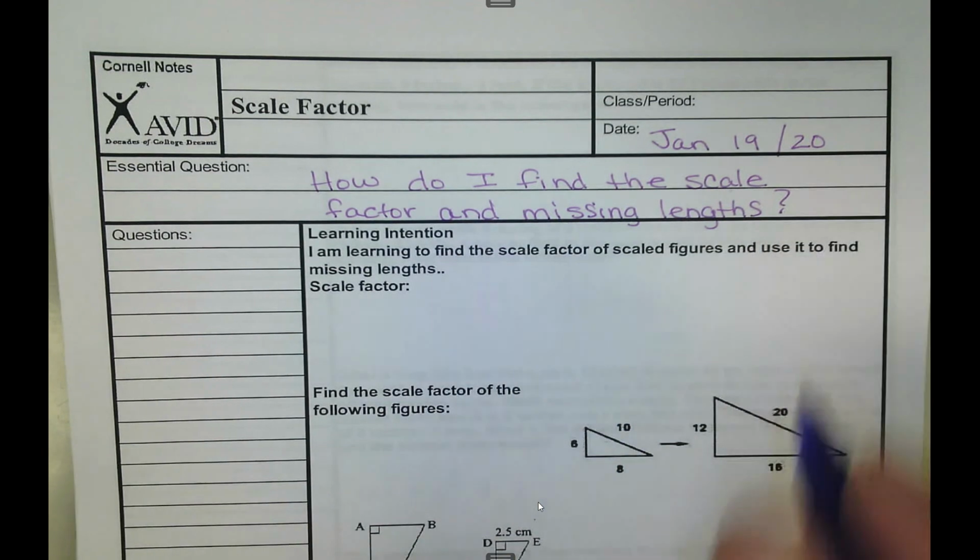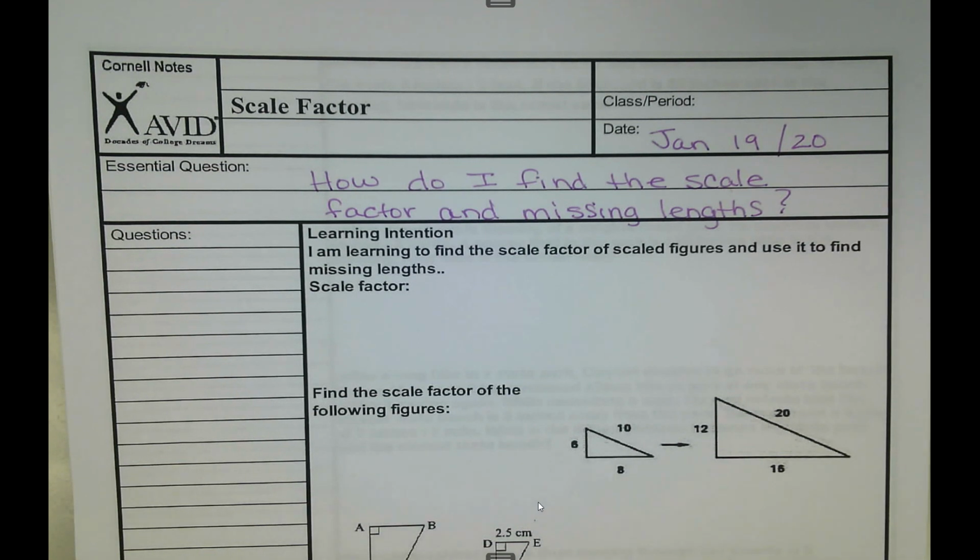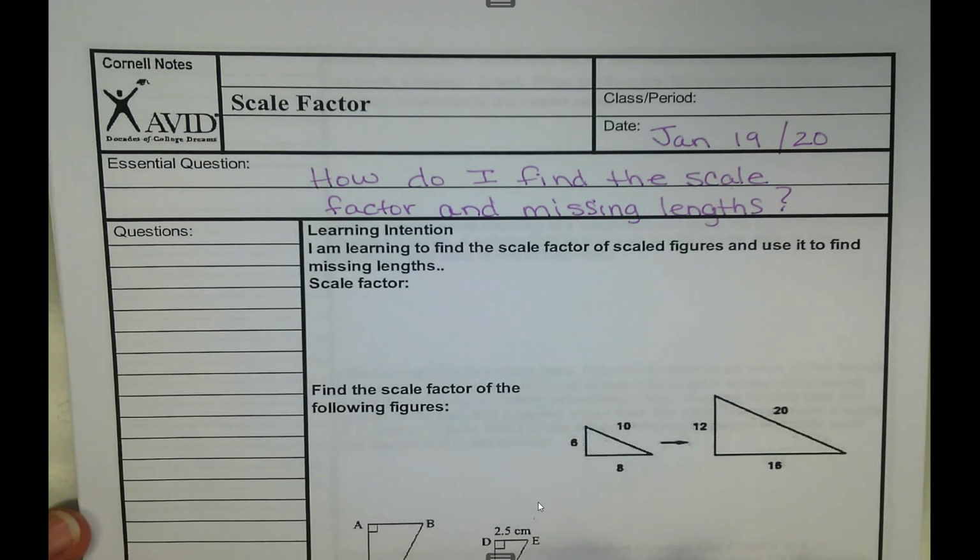So, your learning intentions: I am learning to find the scale factor of scaled figures and use it to find missing links. So let's start out by defining scale factor. I know we've done this before, but we will keep doing it till it sticks up here permanently. Scale factor is the number you multiply the original length by to get the scaled length.